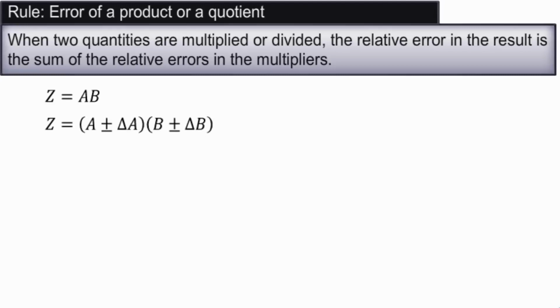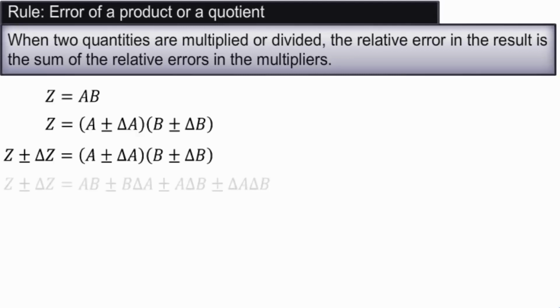Then Z ± ΔZ = (A ± ΔA) × (B ± ΔB), or Z ± ΔZ = AB ± BΔA ± AΔB ± ΔAΔB.